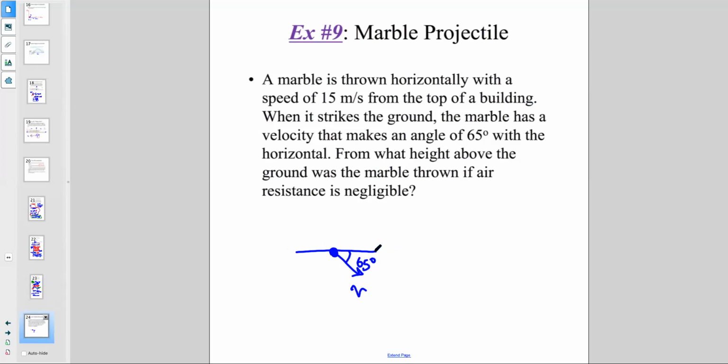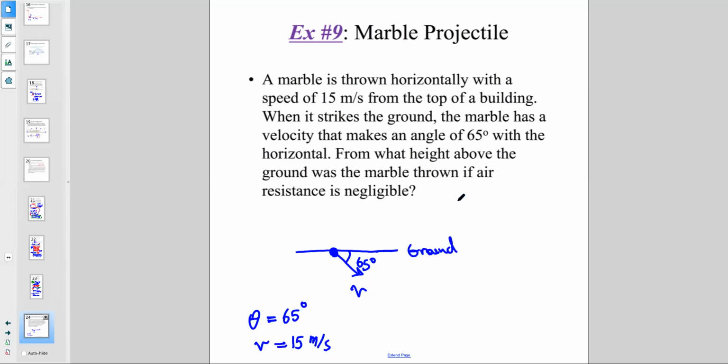This is the ground. It's actually very easy. Your theta is 65 and the velocity is 15 meters per second, so you can find the velocity along x and along y, and solve the problem.